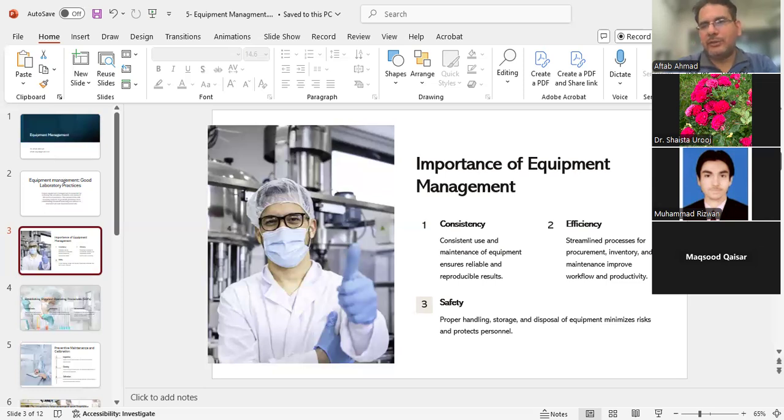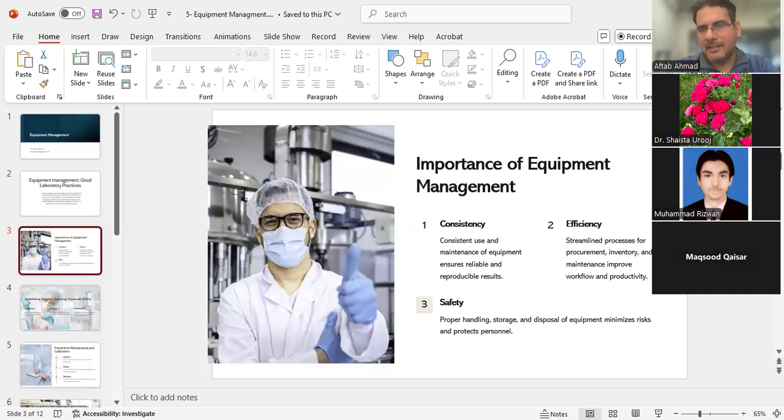And if those aerosols are from contaminated samples, they can go into the air and then into our respiratory system. So it's very important that we properly use the equipment, and that ensures the safety of the equipment on the one side, and also the safety of the personnel who are dealing with that equipment.